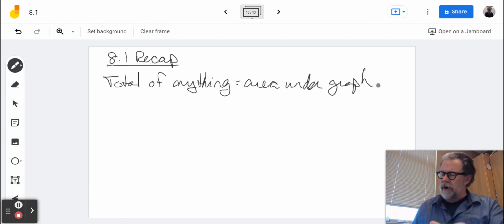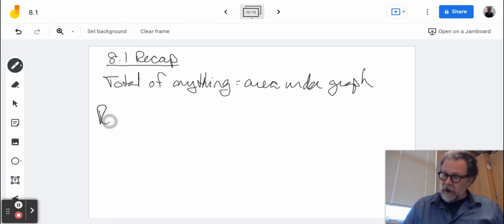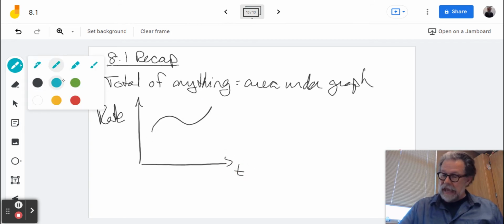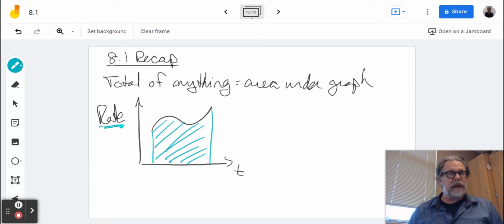And the tricky part is just the relationship between the graph and the total of what it is you're trying to find. So usually in a problem like this, we have a graph that represents some kind of rate versus time. We've got some equation and the accumulation of whatever is accumulating at that rate, integral slash area under graph.